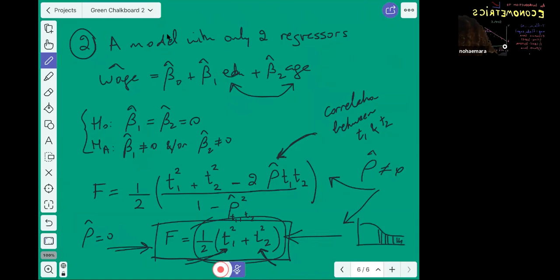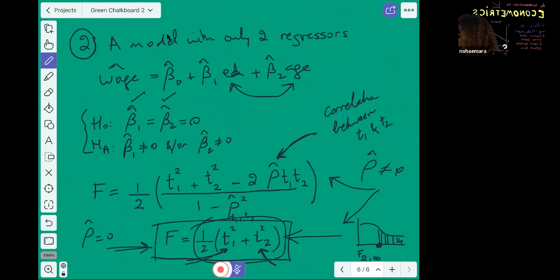Again, I'm assuming that I'm working with a large sample size. So my critical value depends on how many restrictions I have. I have 1, 2, so it's going to be K equals 2, the number of coefficients to be tested, and infinity for the sample size.